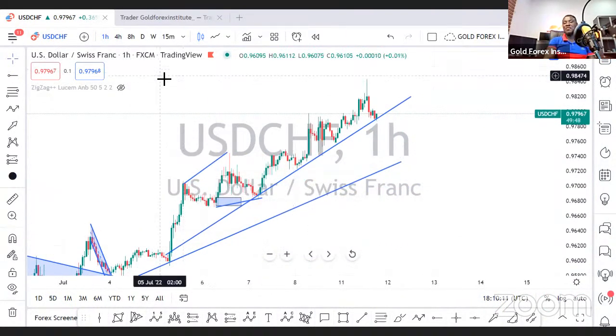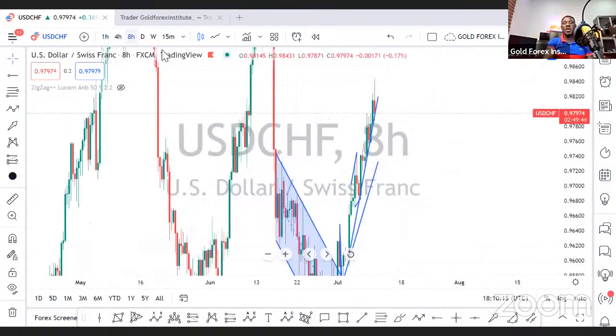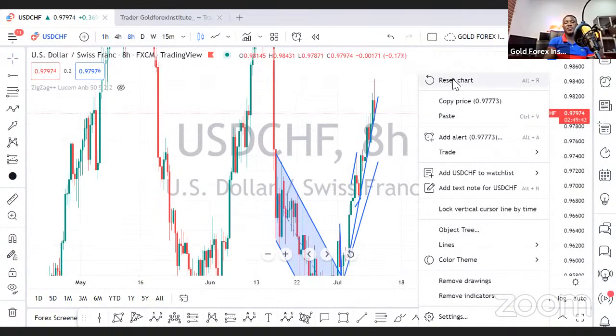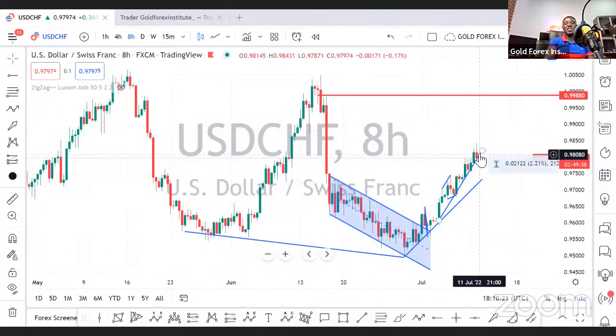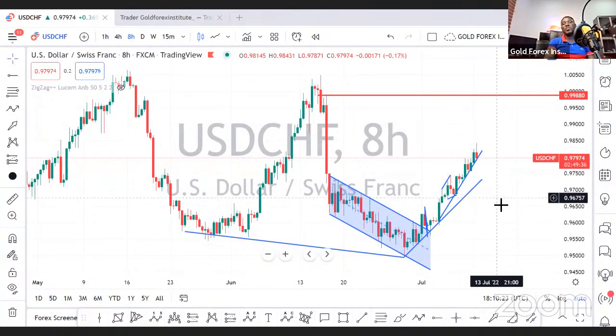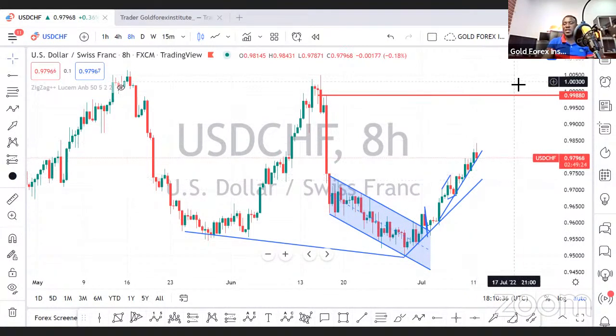It's because CHF is very, very weak. It's one of the weakest currencies now, CHF. But I was expecting that this one might form maybe a W, but it's still trending up. If it breaks down, it might come to this support zone. Then we might see a buy move. Okay.